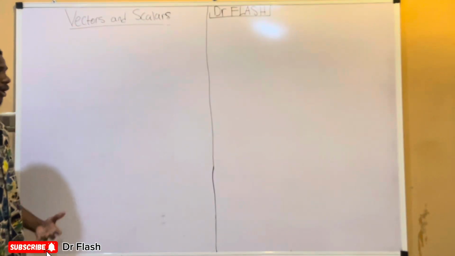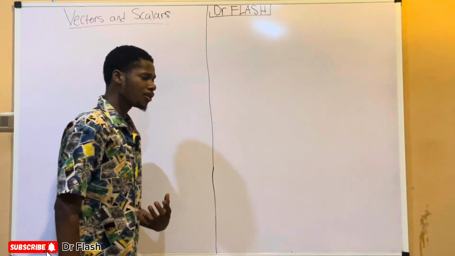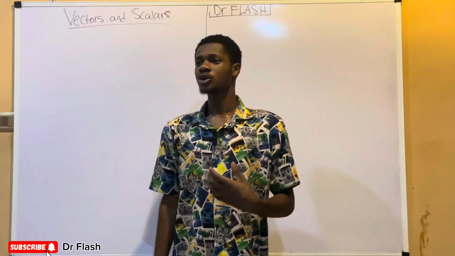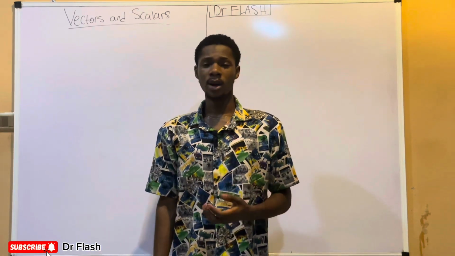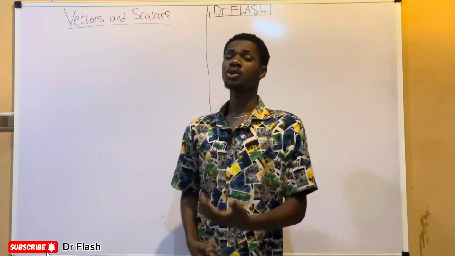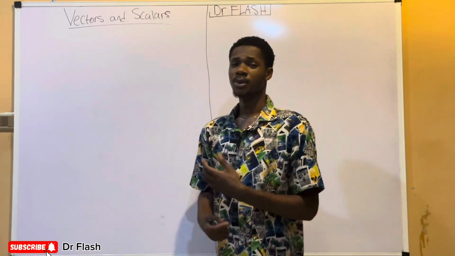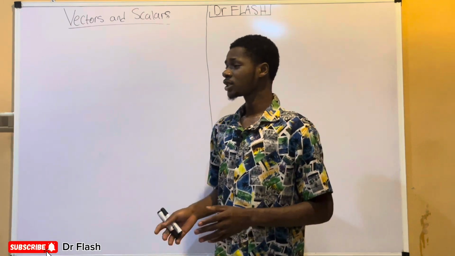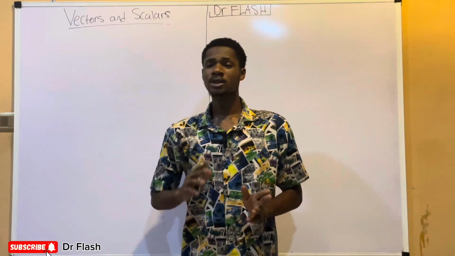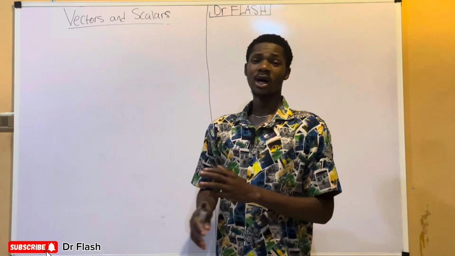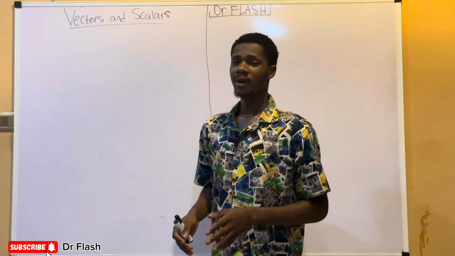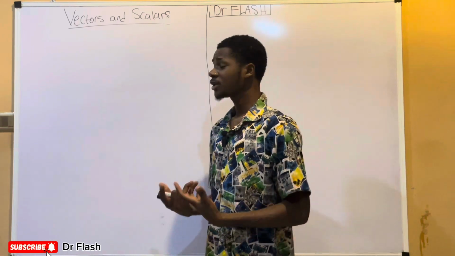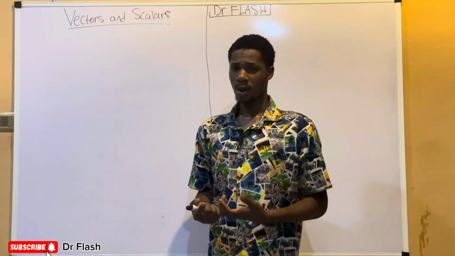If I tell you that a boy runs with a speed of 20 miles per hour, or an object moves with a speed of 20 miles per hour, I did not include the direction, whether the object is moving towards the east, west, north, south, northeast, northwest, and so on. Since I did not include direction, the only thing I have about that object is the speed, which is 20 miles per hour.